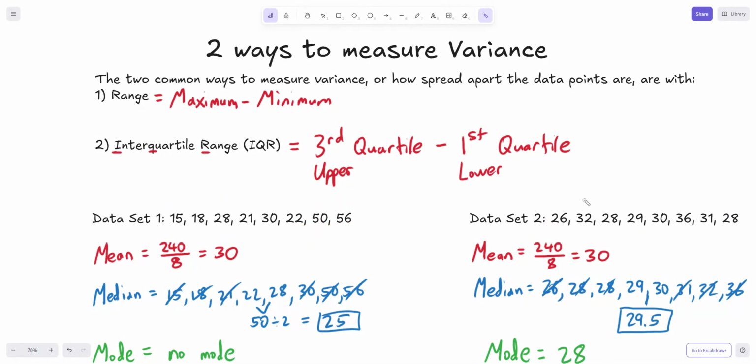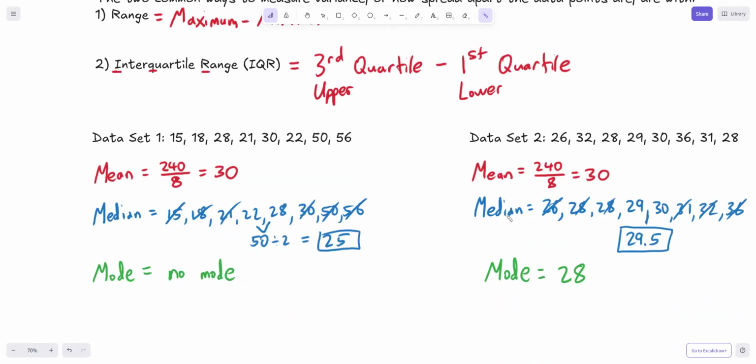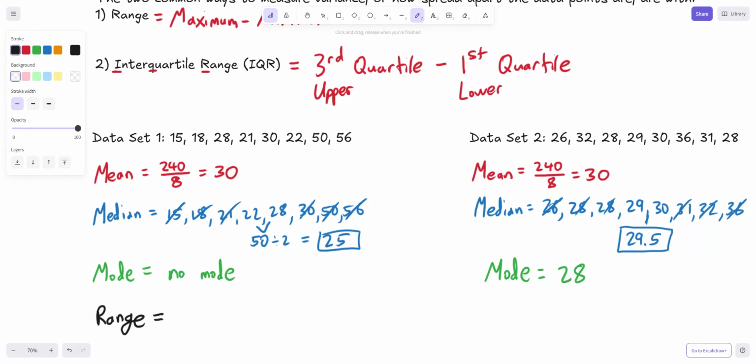And the easiest, fastest way to do variance is range. So if we do range, the range of the first one, the largest number or the maximum is 56, minus the smallest number is 15, and that's equal to 41. So a variance of 41 for range.